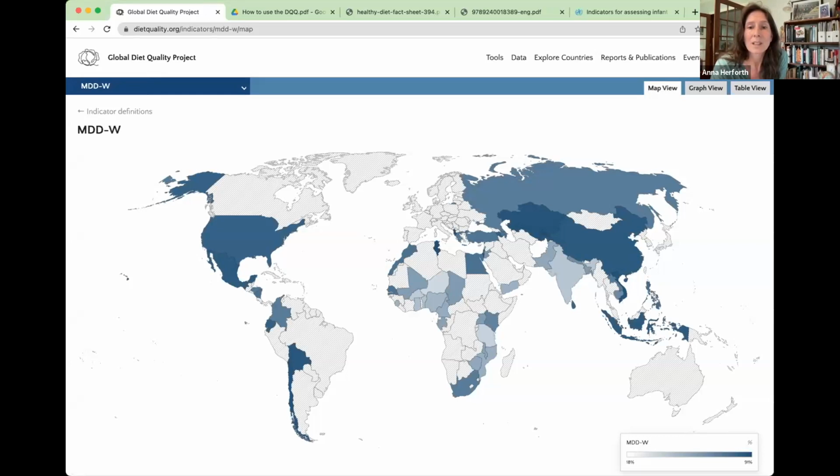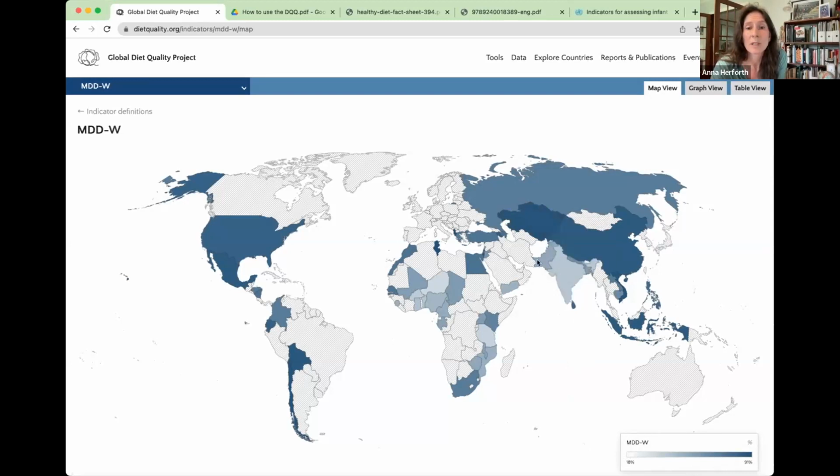And these data can be very useful in advocating for food systems and other ways to improve diets so that they are more adequate. You can see that, within this diversity, there's a lot of richness. You could spend a lot of time looking at this. One thing that jumped out to me when I looked at this data across countries for the first time was that there's a scale where you can see the minimum and maximum of what's found across countries.